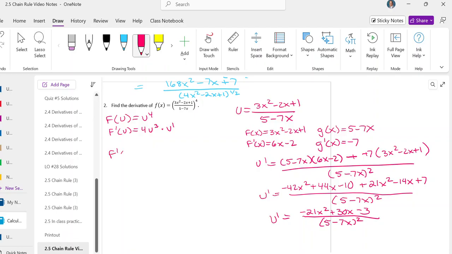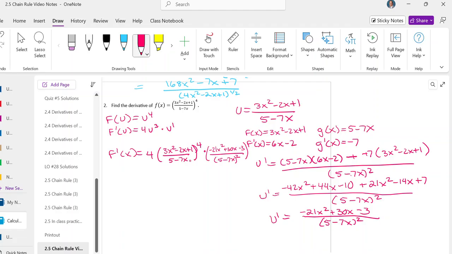So when you do f prime of x here, you get 4 times (3x squared minus 2x plus 1) over (5 minus 7x) to the fourth power, times the derivative, which is negative 21x squared plus 30x minus 3 all over (5 minus 7x) squared, like that, quantity.